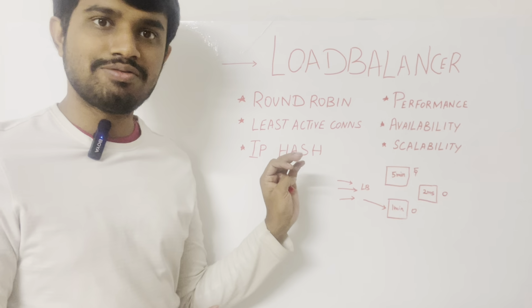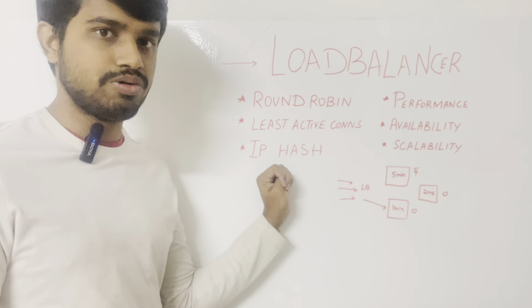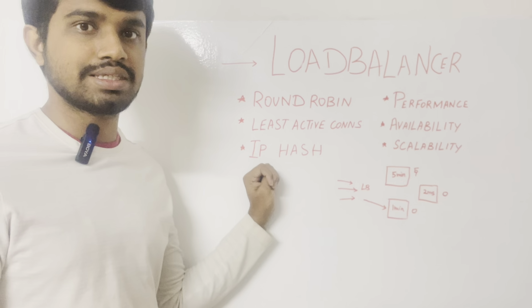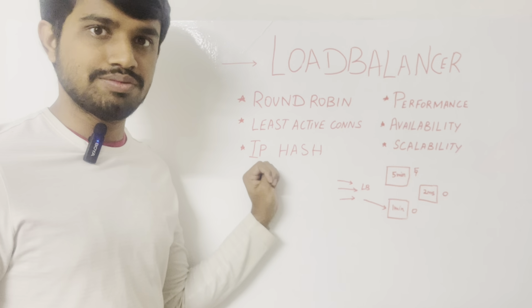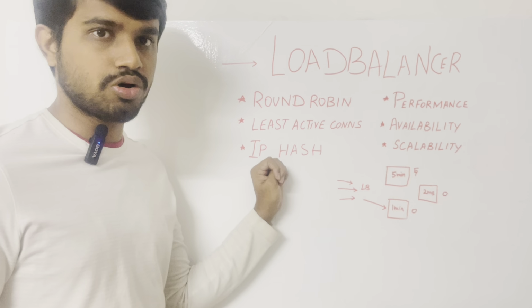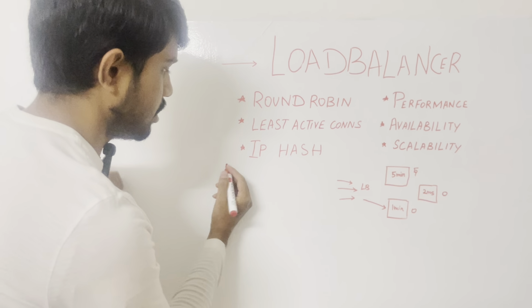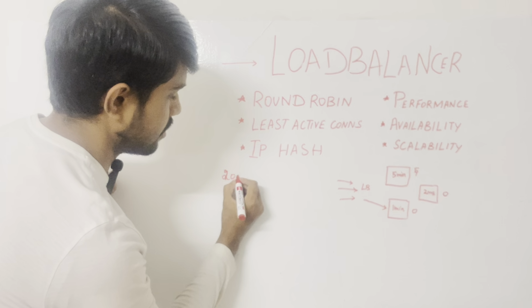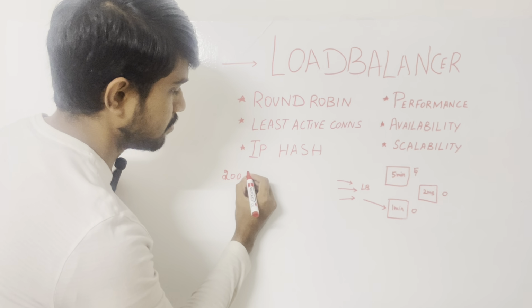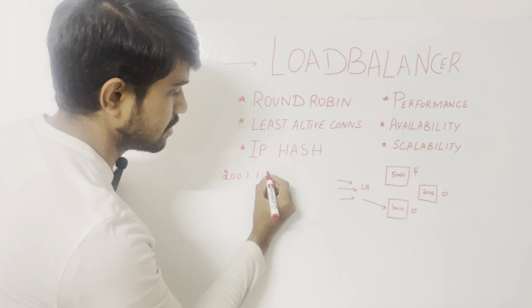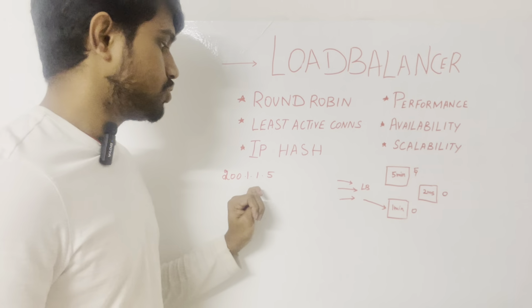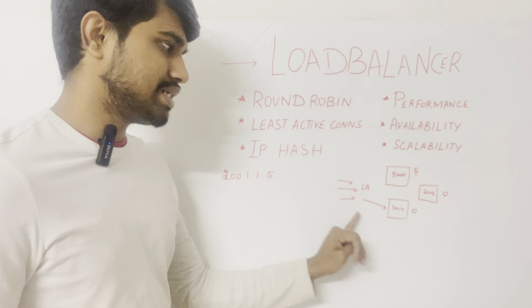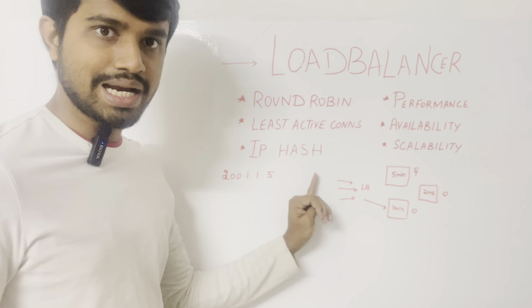We know from the IP video, the internet works video, that every computer has a logical unique address, which is called the IP, or internet protocol address, right? So it looks something like this: 200 point, some digits, 5, for example. When a computer sends a request to your computer, you will get that IP.